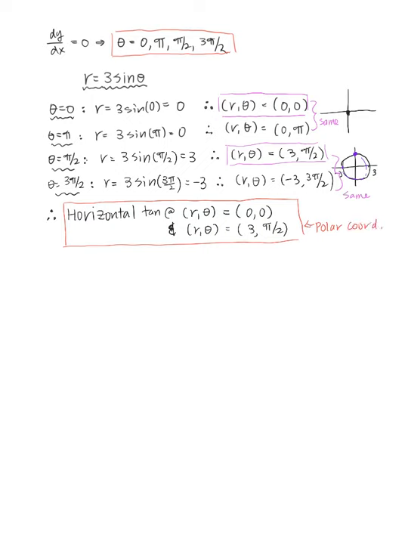All right, now the question asks you to convert this in rectangular coordinates as well. So now let's take a look at how to do that. So we want to somehow convert this in terms of x and y that's going to represent the same point.